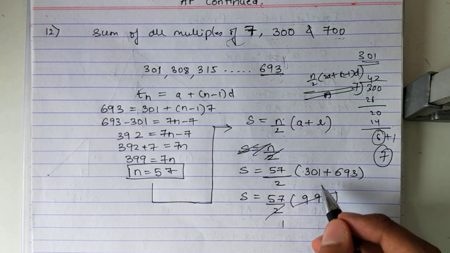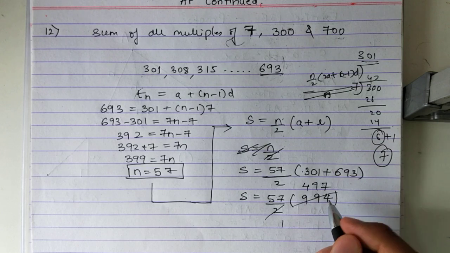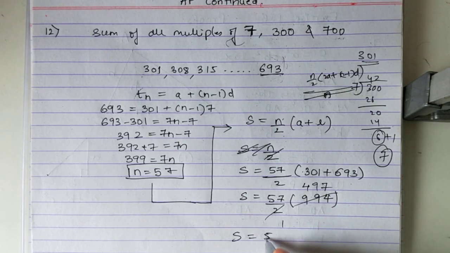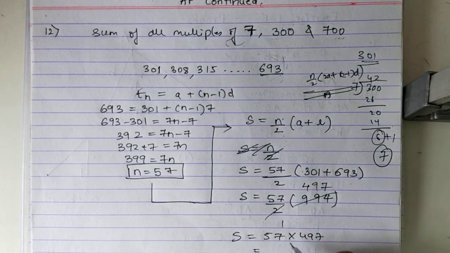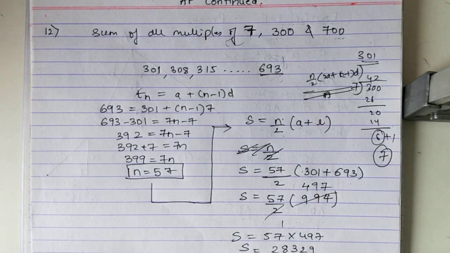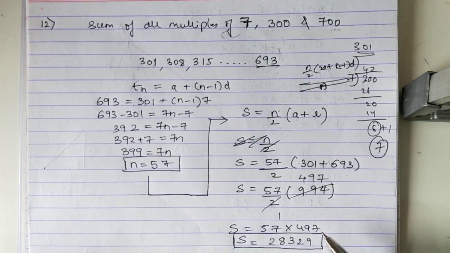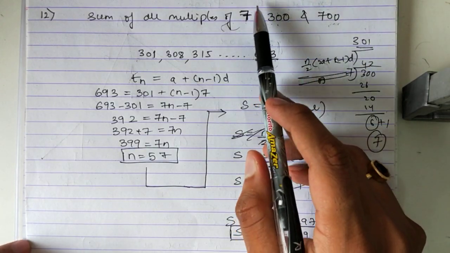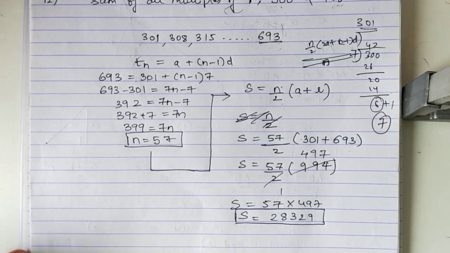Cancel these. When you multiply this, you will get the sum as 28329. This will be the sum of all numbers which lie between 300 and 700 and which are the multiples of 7. Okay, copy it down.